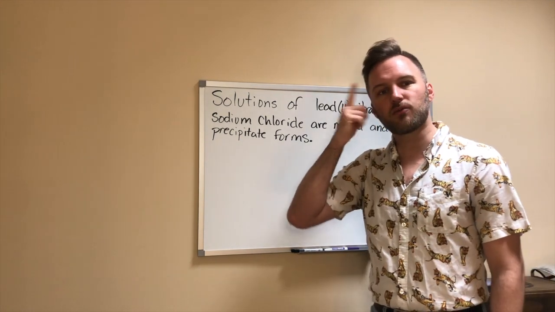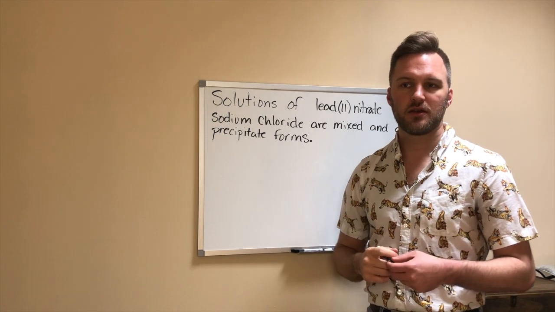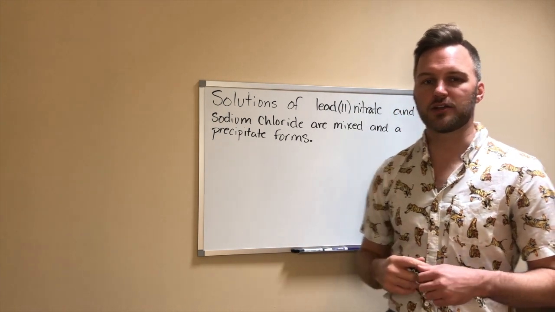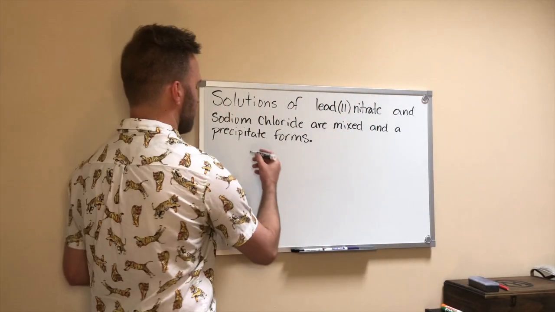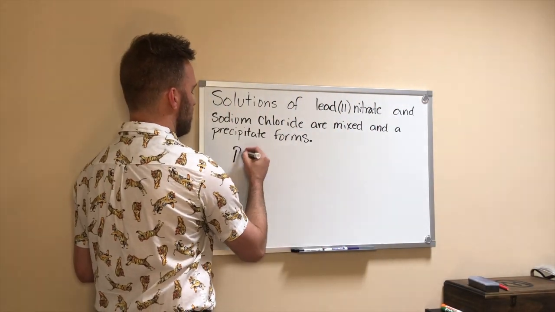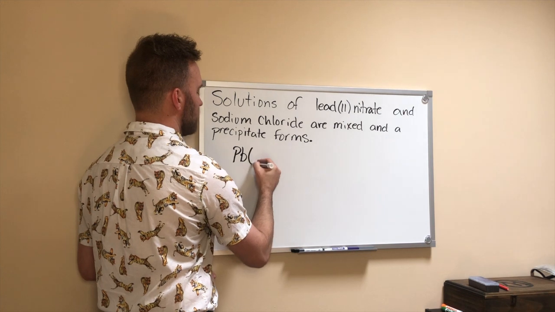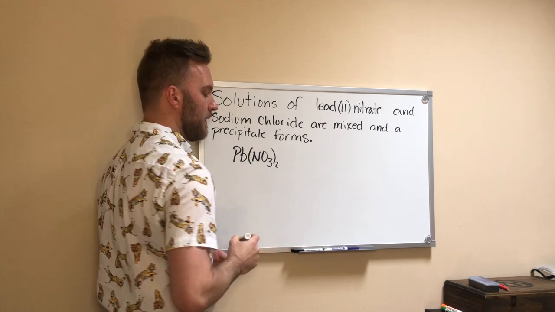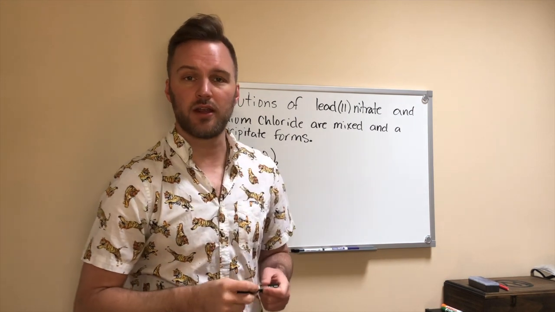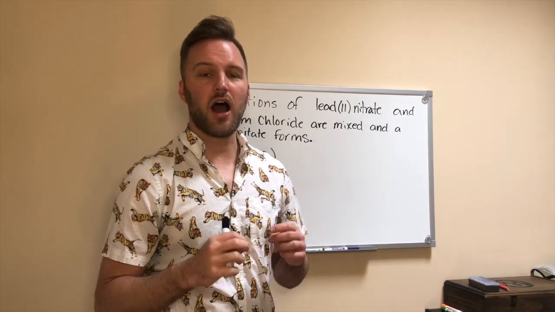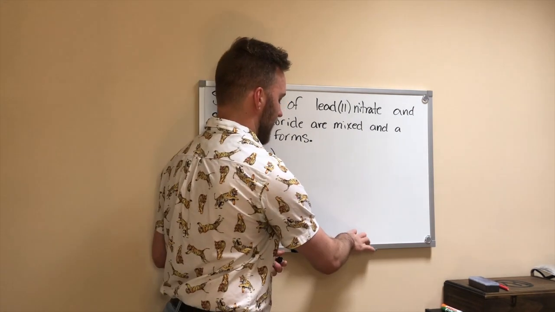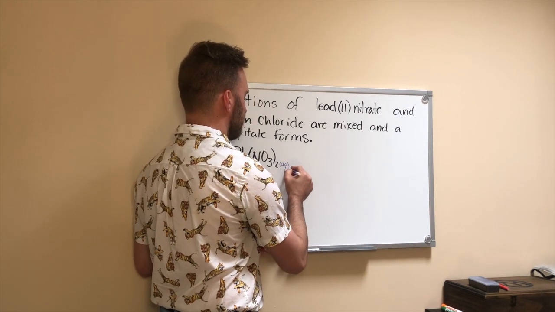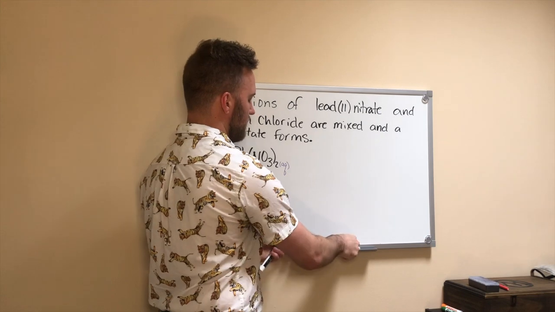So think back to writing ionic compounds. We need to balance out those charges. So when we write the lead(II) nitrate, it'll look this way: Pb(NO3)2. Because it's in solution, we can use the indicator aqueous to show that, so I write a little aq next to it.